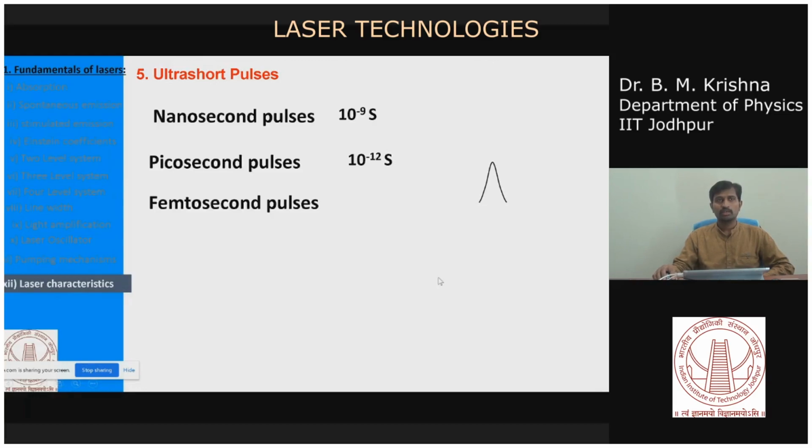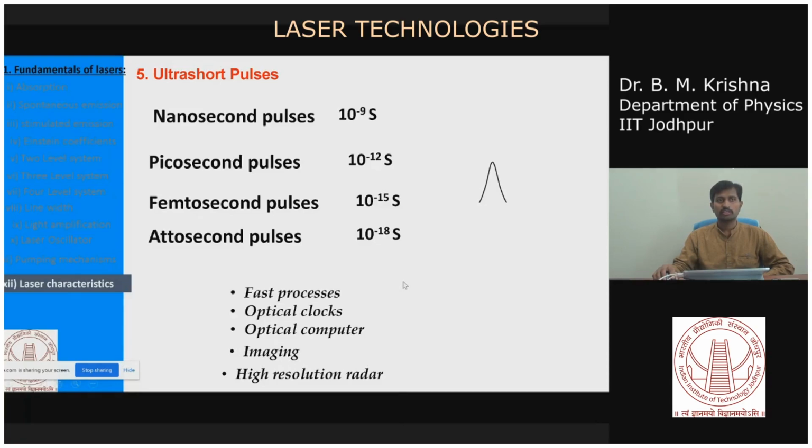We can generate femtosecond pulses. Till 2000 and 2010, we were in the regime of femtosecond pulses. Now in 2020, we are in the regime of attosecond pulses. We are able to generate attosecond pulses, which are the shortest pulses available in current technology.